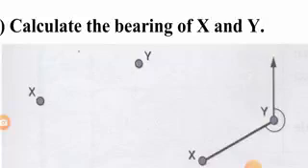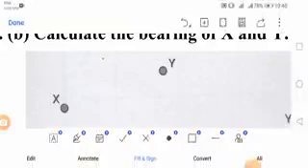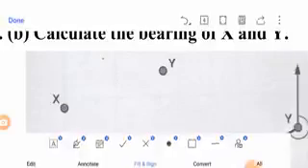Suppose by map reading, another bearing, for example, bearing of x from y, or y from x. You put a dot like that, then you connect a line as has been done here. You see?